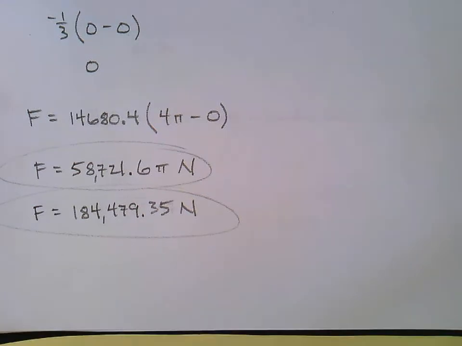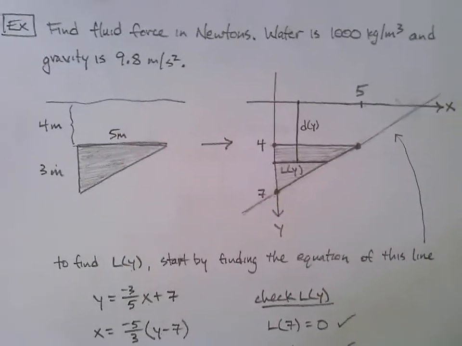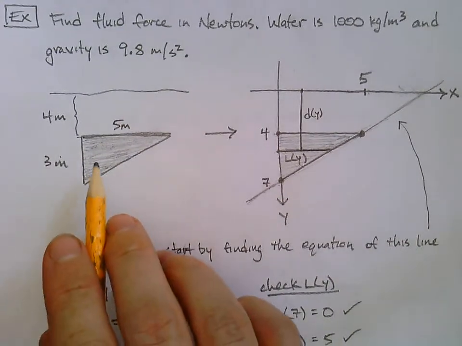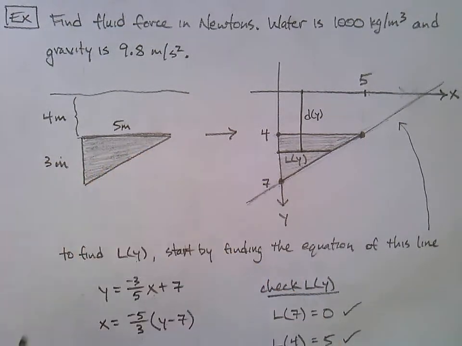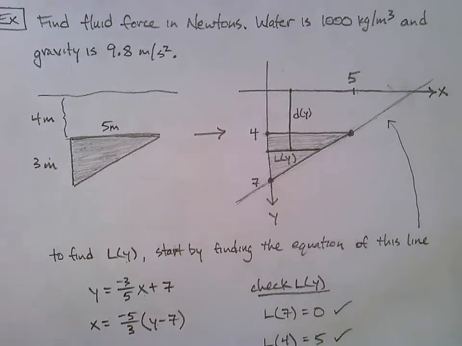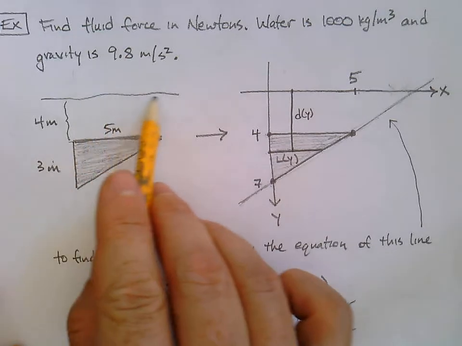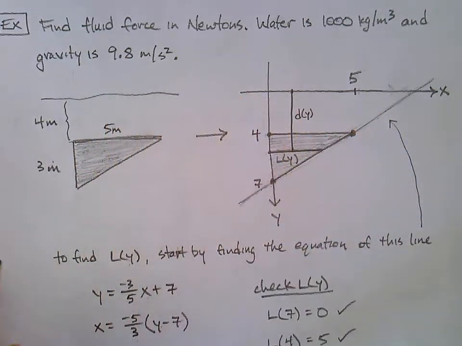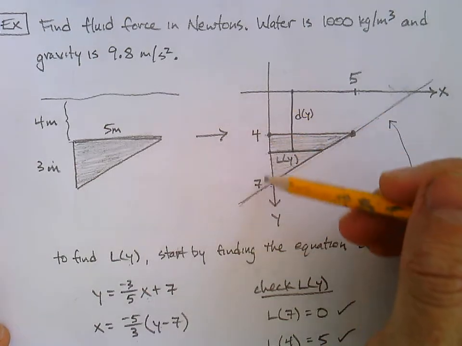Okay, so just a few closing words on these concepts. So again, there's kind of these two major types of problems you'll see. So you'll see vertical plates, like in our first example. If you see a vertical plate, there's multiple ways to do this. Maybe you prefer something else, but my recommendation would be make that x-axis the surface of your fluid, and strategically place your y-axis.